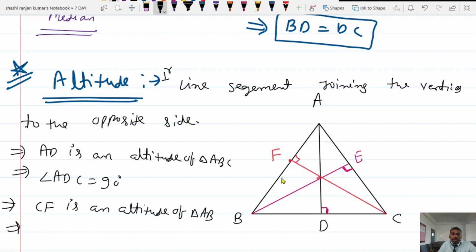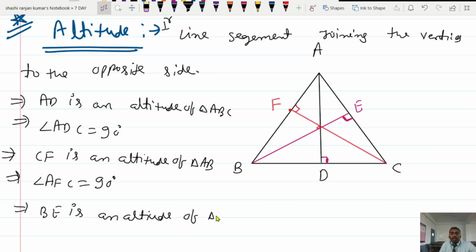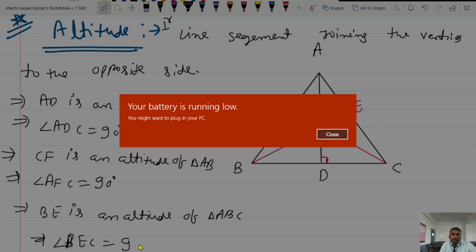This angle must be 90 degrees, that is, angle AFC must be equal to 90 degrees. Next, if I say BE is an altitude, the angle formed will be 90 degrees, that is, angle BEC is equal to 90 degrees.